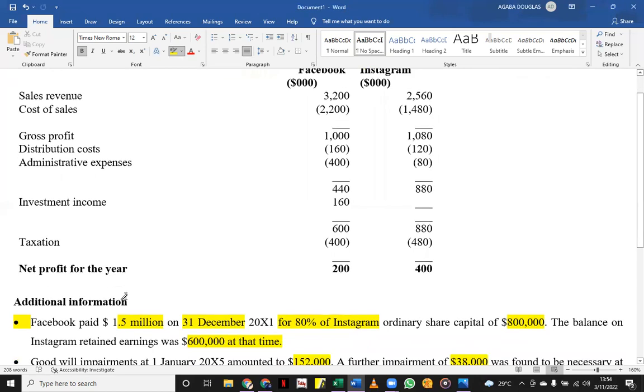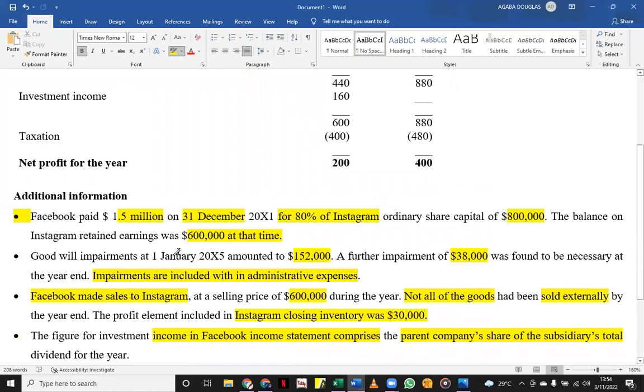And then after that, we can see in our added information that Facebook paid 1.5 on 31st December 20X1 for 80% of Instagram's ordinary share capital of 800. And then the balance of retained earnings was 600. But at least by now we know that any pre-acquisition retained earnings is going to be eliminated. Why? Because it effectively cancels out with the cost.